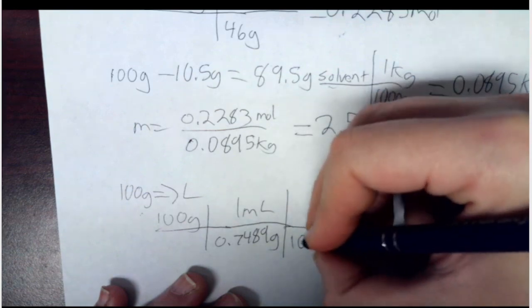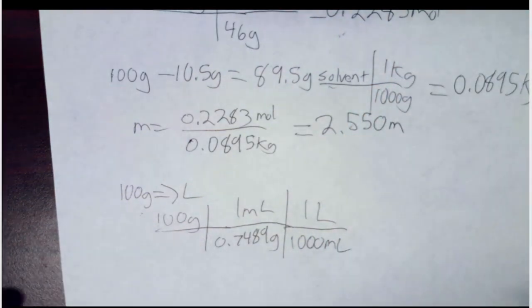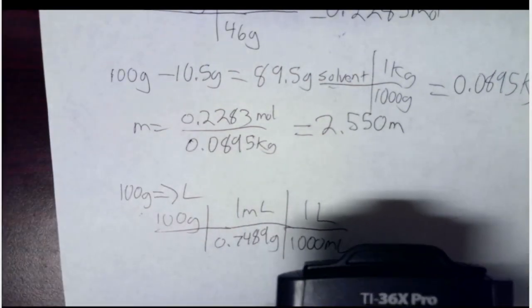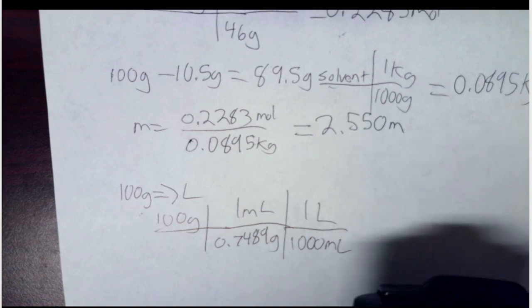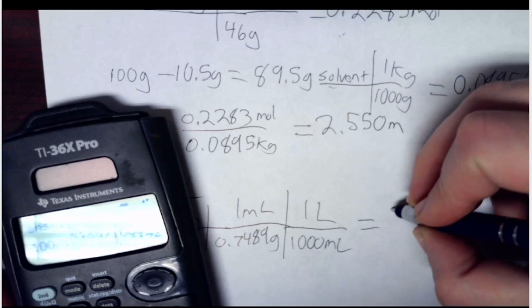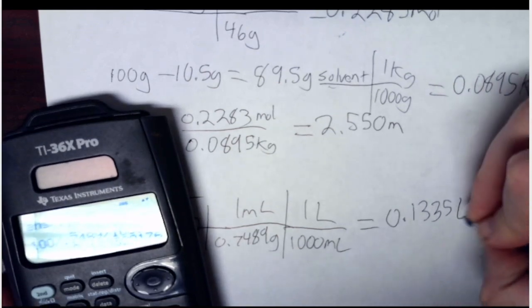And then there are 1,000 milliliters in 1 liter. So 100 divided by 0.7489 divided by 1,000 gives me a volume of 0.1335 liters.